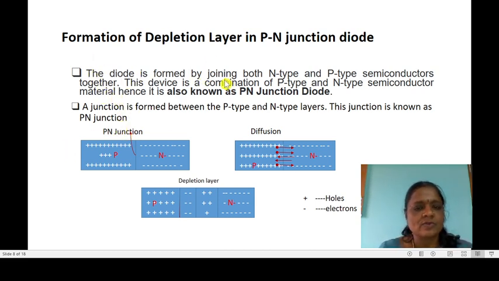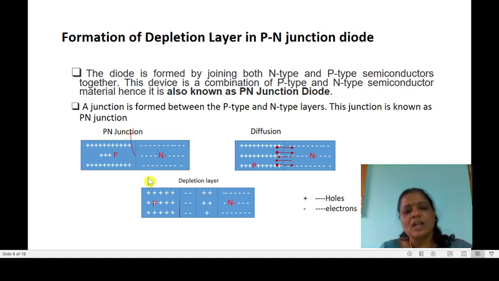The diode is formed by joining both N-type and P-type semiconductor together. This device is a combination of P-type and N-type semiconductor material. Hence, it is known as a PN junction diode. When one junction is formed between the P and N-type, it is called a PN junction.